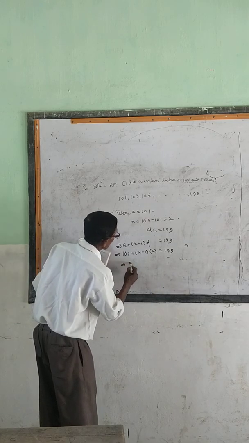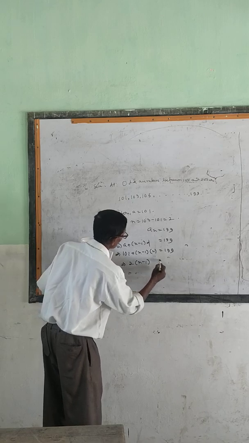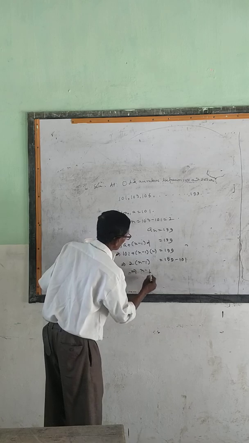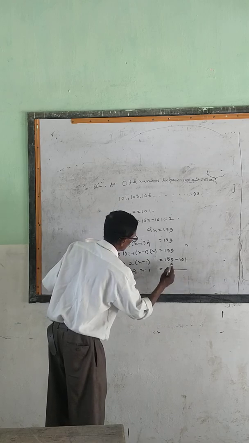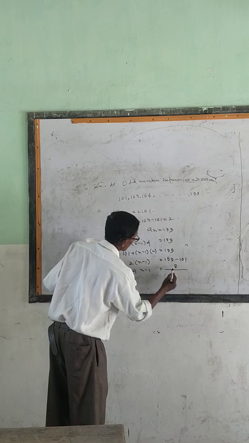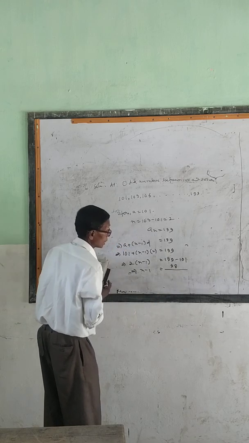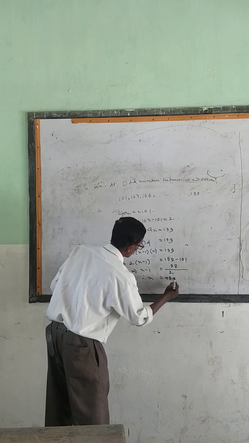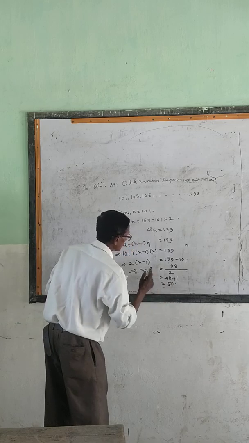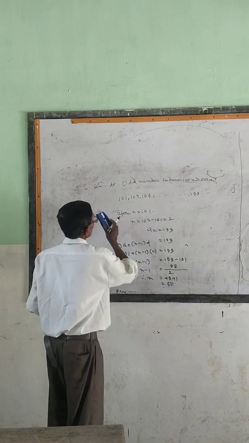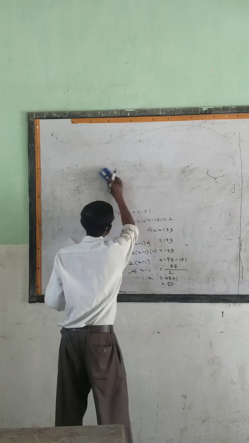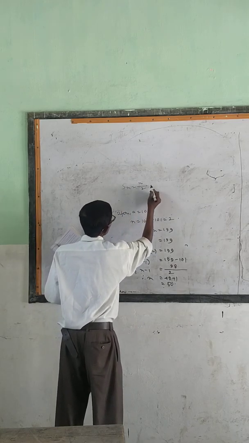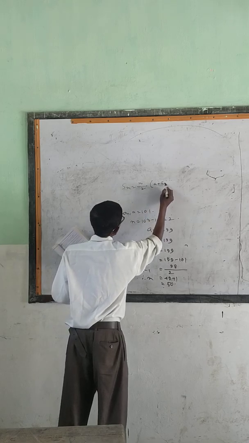Implies 2n minus 1 equal to 199 minus 101. Implies n minus 1 equal to 98 by 2. The n equal to 49 plus 1, this is 50. We are getting n equal to 50. So what formula we have to apply here? You must know Sn equal to n by 2 A plus An.